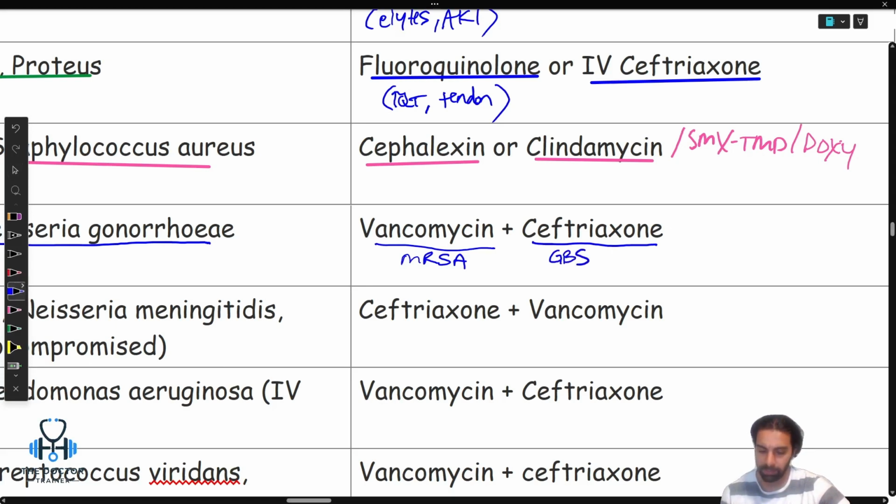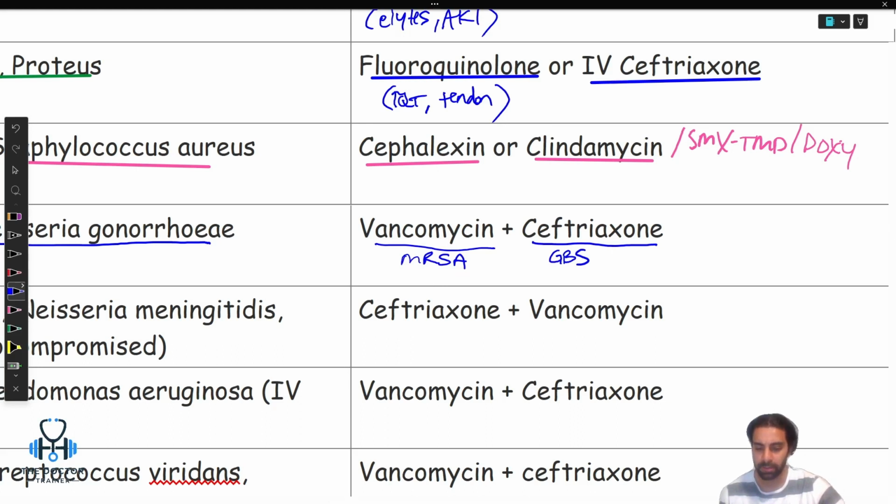Okay. If they are at high risk for Pseudomonas, or if you see gram-negative rods in the aspirate and the gram stain of the knee joint or whatever joint it is, then think of Pseudomonas aeruginosa. And again, cefepime will be a good option.